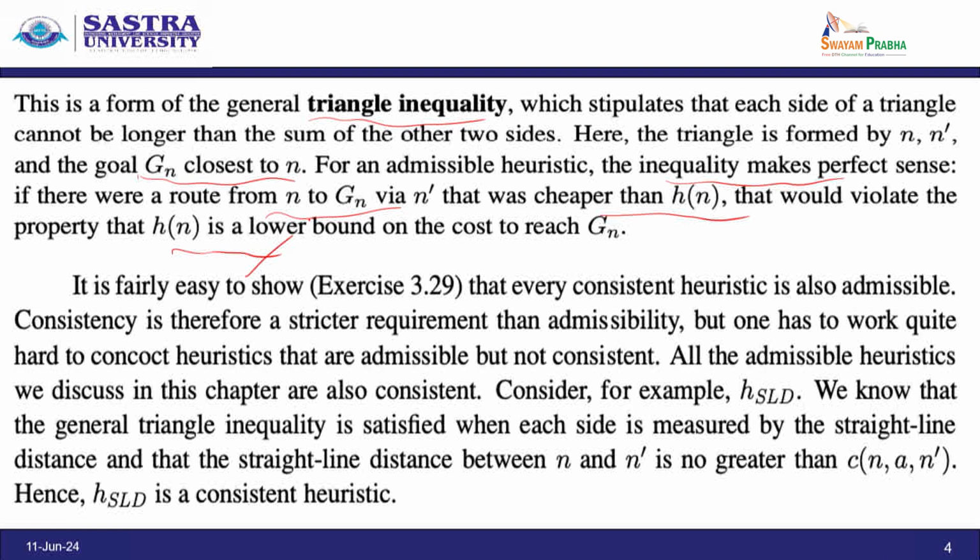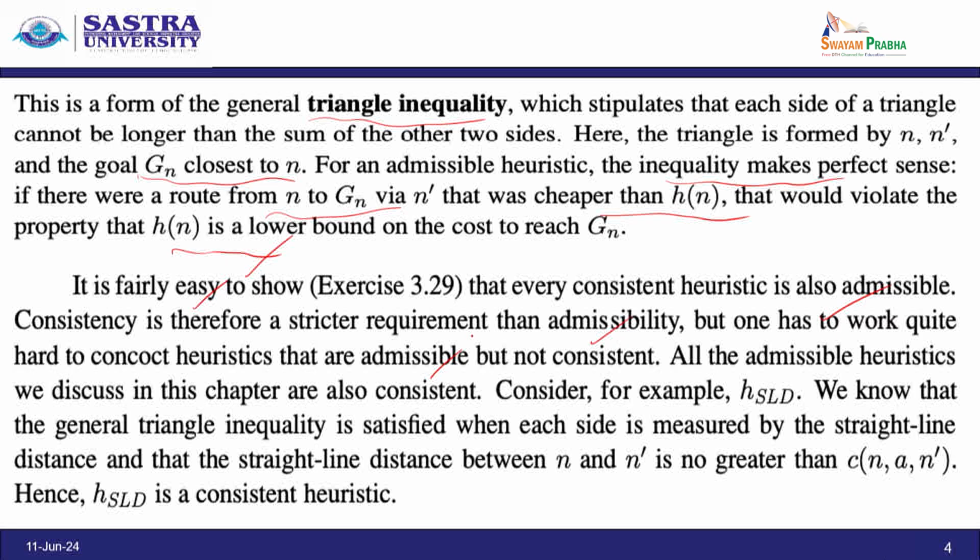So, it is fairly easy to show that every consistent heuristic is also admissible. Consistent is therefore a stricter requirement than admissibility, but one has to work quite hard to concoct a heuristic that is admissible but not consistent. So, all the admissible heuristics we discussed in this chapter are also consistent.